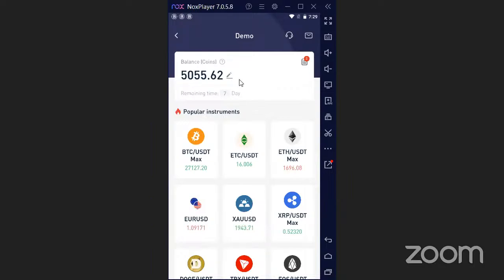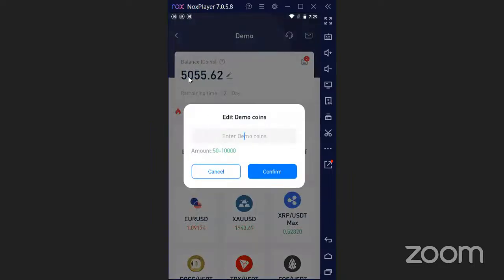Here is where you can set any amount you want to be trading with. This is only for learning purposes. You can't withdraw the virtual money. The virtual coin is just here so that you can use it to learn how to trade. I can edit this to any amount I want. This is 5,055 coin right here, but I can reduce it and I can even increase it.